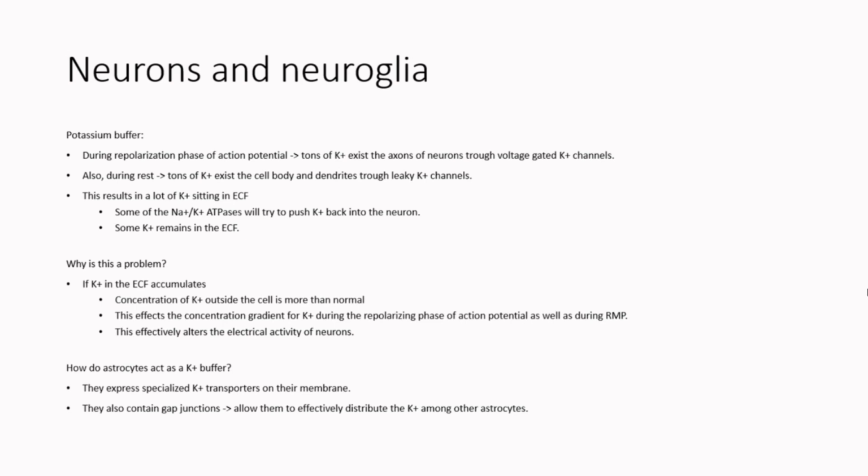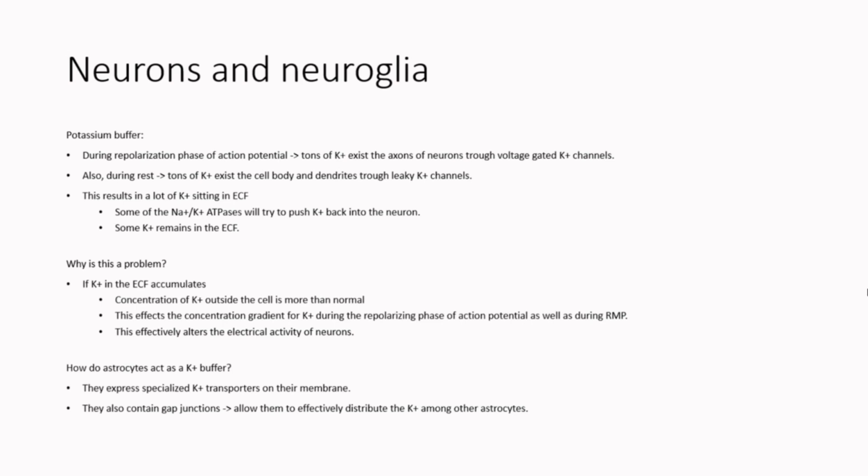During rest, we have these leaky channels that let the potassium exit. And if we have too much, we will have the sodium-potassium ATPases, which will try to push potassium back into the neuron, but they don't have such a big effect. And we're going to talk about it when we talk about the signaling process.